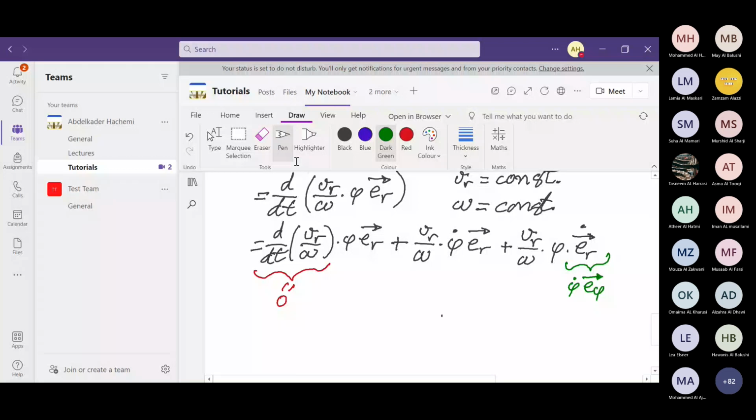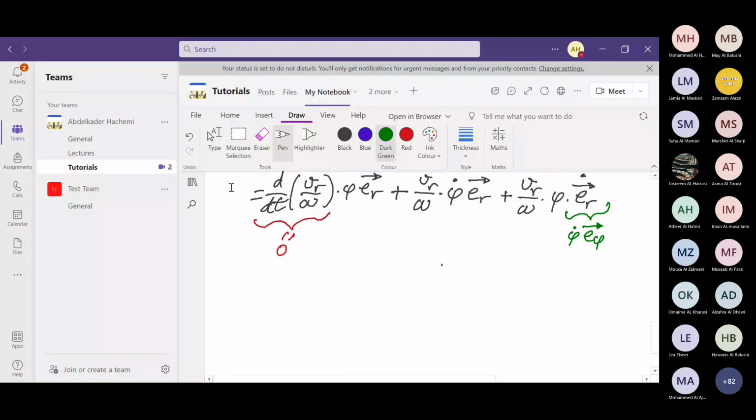Now, if we replace, then we get the following expression that V is given by VR divided by omega multiplied by omega multiplied by ER.